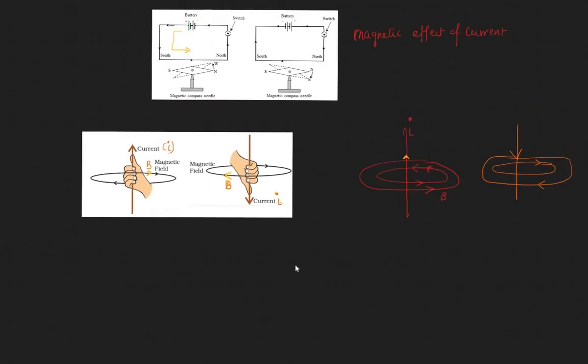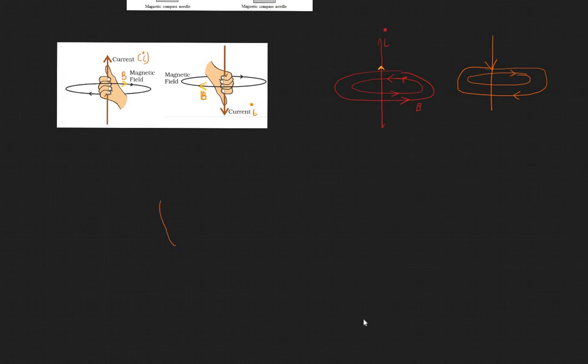An extension to this would be a circular loop. If you have a circular loop, with the current flowing in this direction and coming out in this direction, then you can imagine that over here there would be a small section of conductor, and that conductor would result in magnetic field in loops, the same as the one we see here.